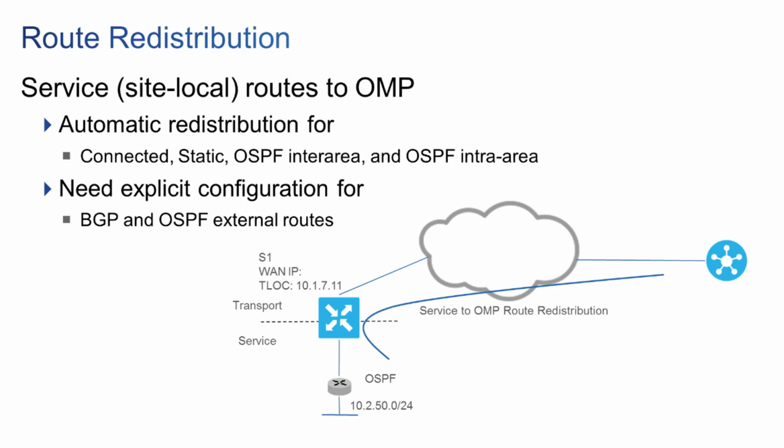Now, one of the critical things to understand, though, is that the edge devices never advertise routing information to each other. Whether it's with some sort of IGP or some sort of standard exterior gateway protocol, or whether it is using OMP, the peering sessions are always between the centralized controller and the edge device, and that is exclusively what's used to exchange all this control plane traffic.